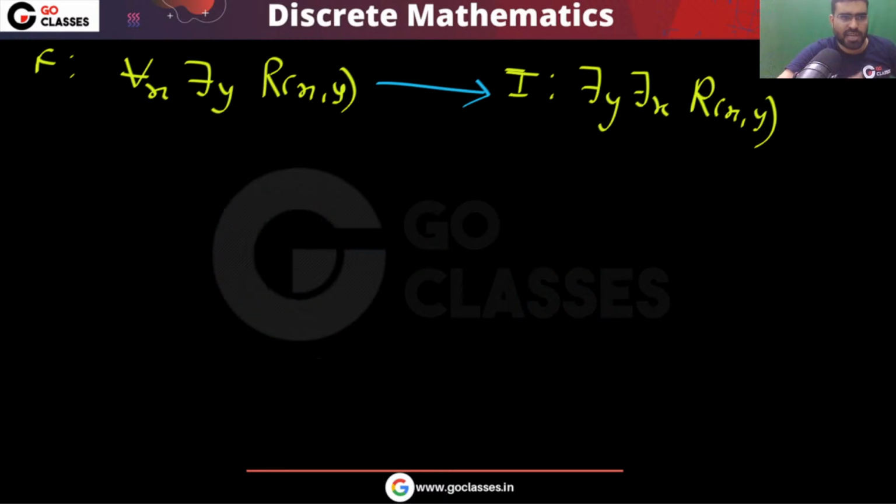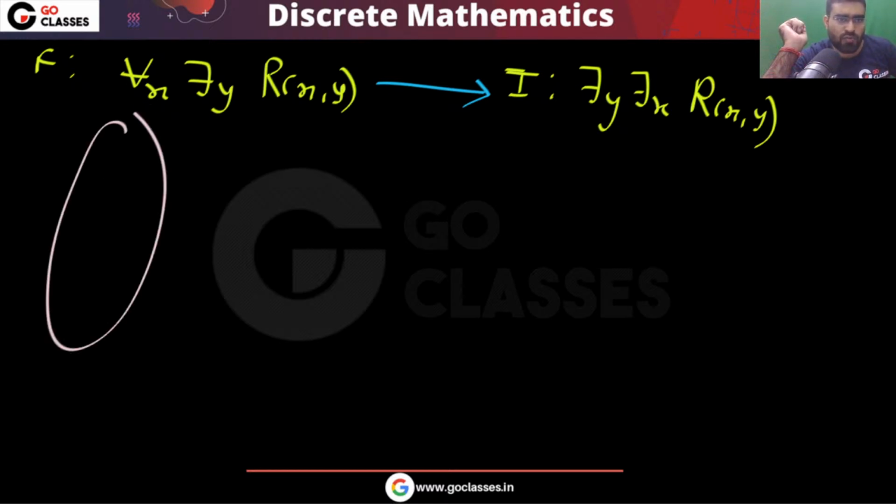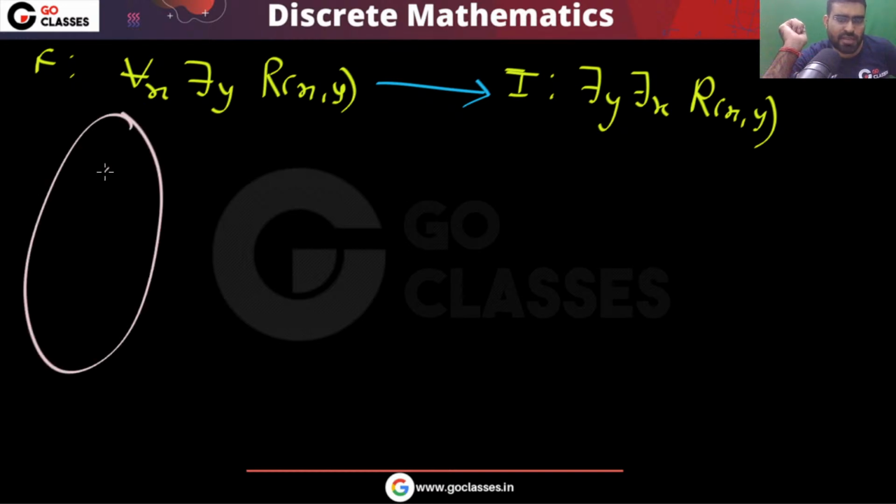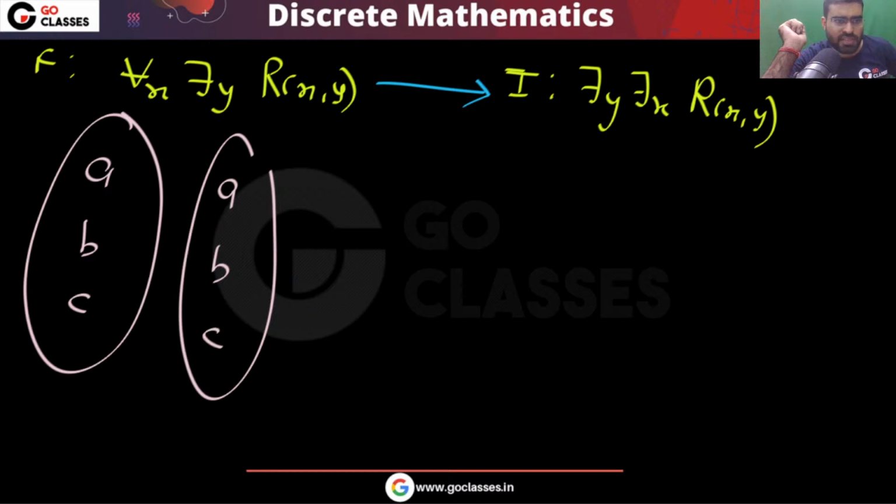Let me tell you what I'm trying to say. It is very simple: we are saying that for everyone there is some y. For everyone there is someone, basically. So for whatever you take, like A, B, C, there is some y. For example, for this there is some y. Now remember, for the remaining also there will be, but this is enough.